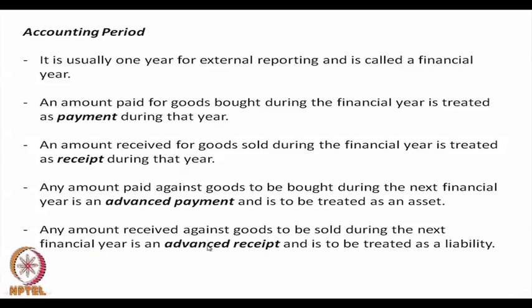Similarly, if we get an advance amount for supplying goods to the customers, but we have really not sold the goods to the customers, then it is called an advanced receipt. An amount received against goods to be sold during the next financial year is an advanced receipt and is to be treated as a liability.